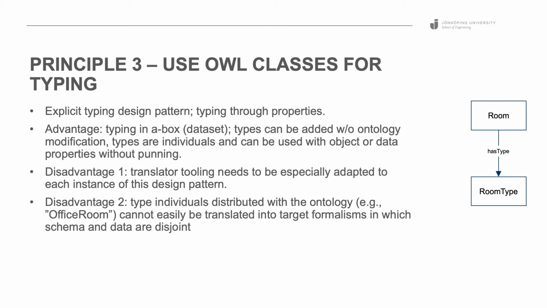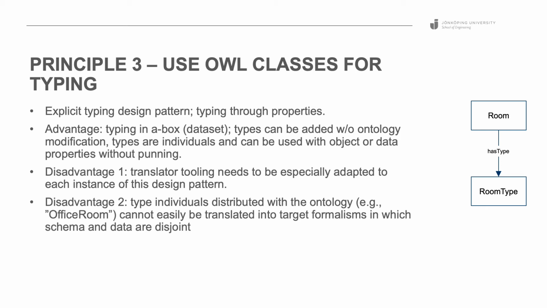And this can be quite clever because you can add and remove these types using just your data, using your ABox. However, if you do this and then try to translate to another representation model, your translator tooling will need to be adapted to this design pattern, not just in the general case, but actually in every instance of this design pattern. You'll have to wire up your translator tooling, which is inelegant.